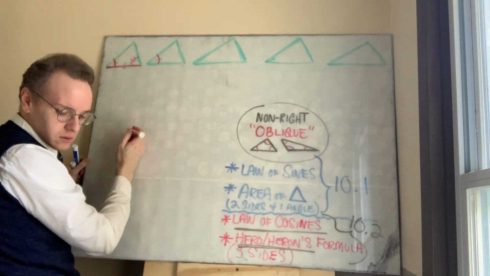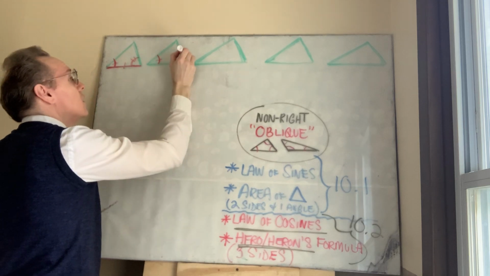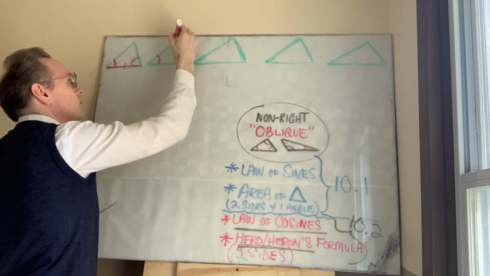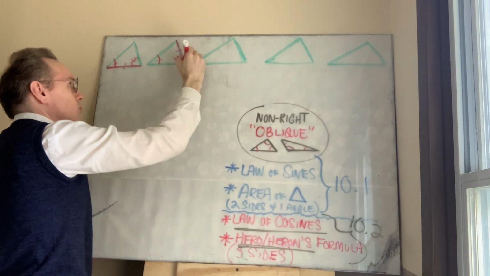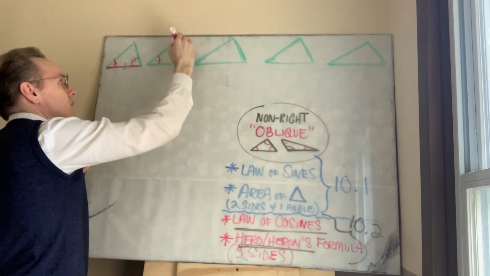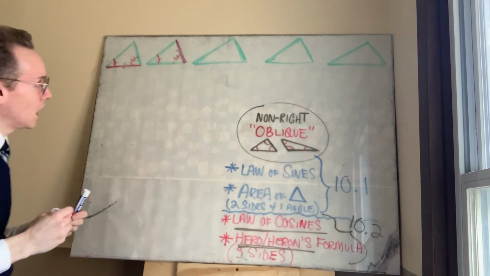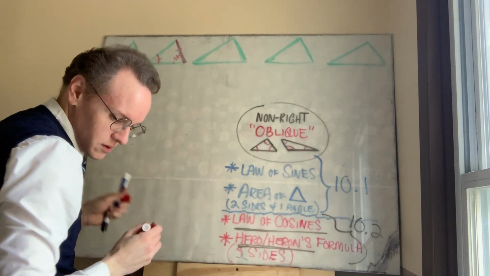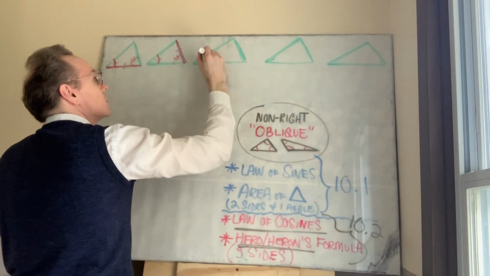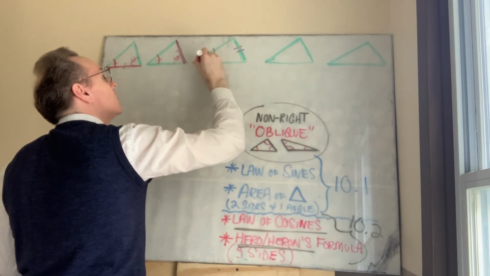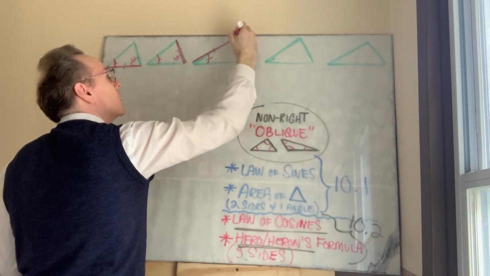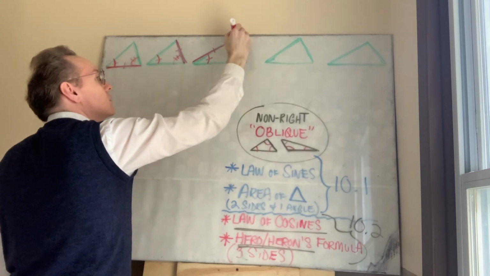One angle, a second angle, and then the side is not between them. Red and green are always trouble. And lastly, this situation, where you have one angle and two sides.